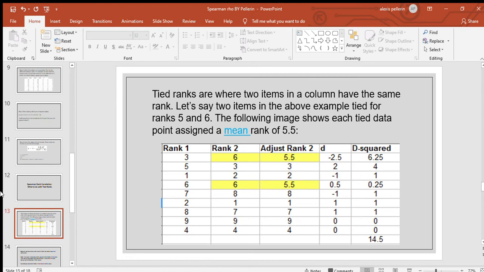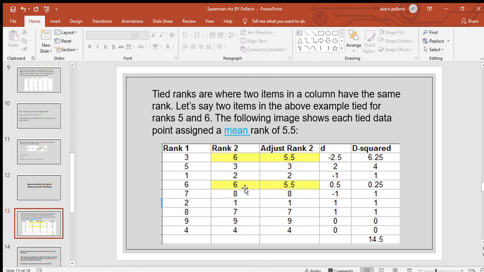So if we're going to rank those 9 scores, the physics and mathematics, in the physics we have this rank, and then the mathematics is tied on the first and the fourth column. So we have 6 and 6 here.